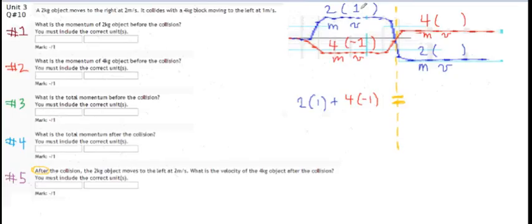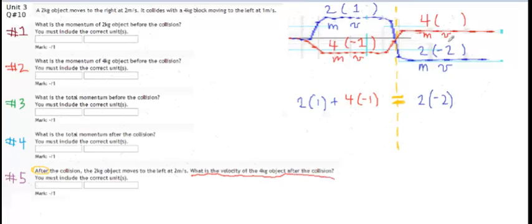So it was going 1 meter per second to the right. Now it is going 2 meters per second to the left. So now that same object that was going 1 is now going -2. Now remember, these have to be equal. So whatever we have on this side is going to be equal to whatever we have on this side, which gives us our final relationship, which says what is the velocity of the 4 kilogram object after the collision.